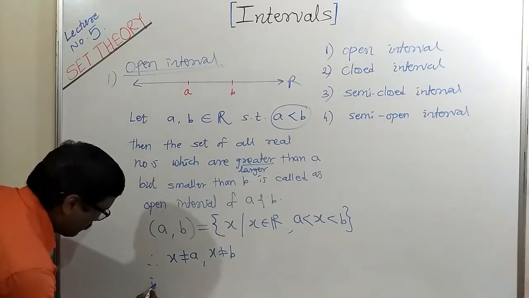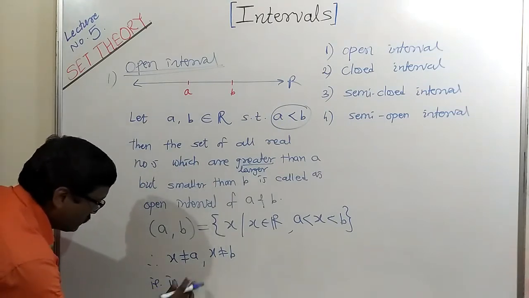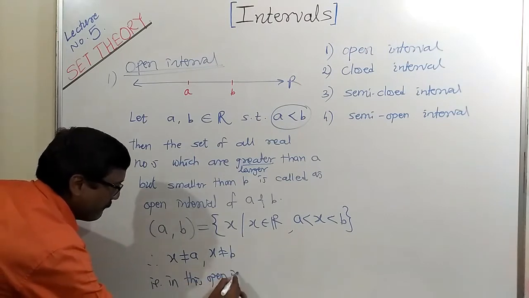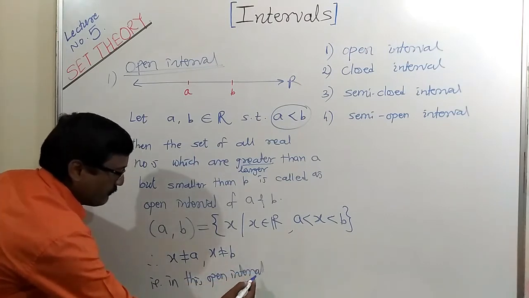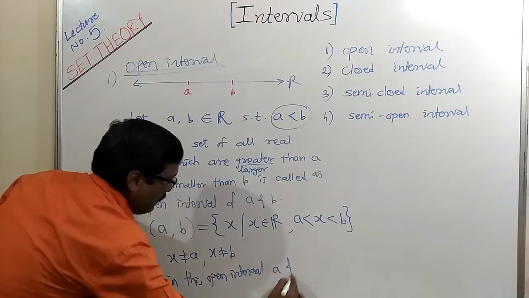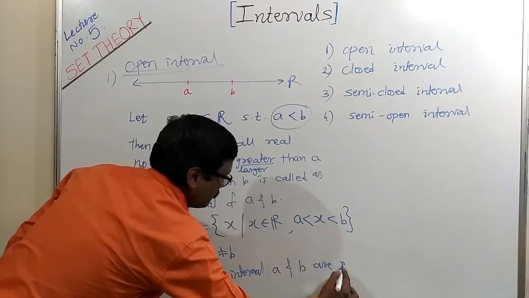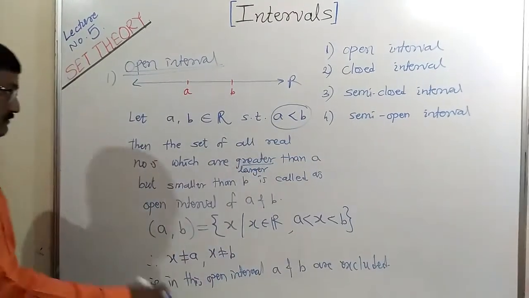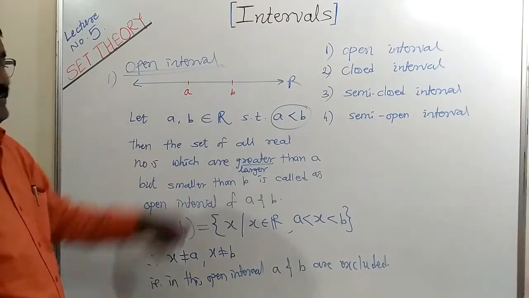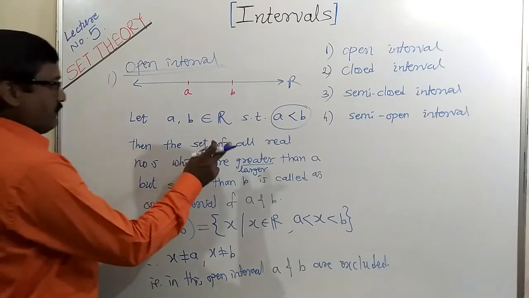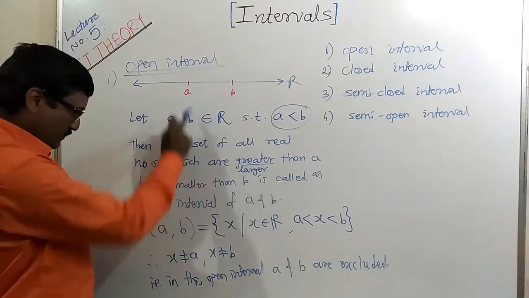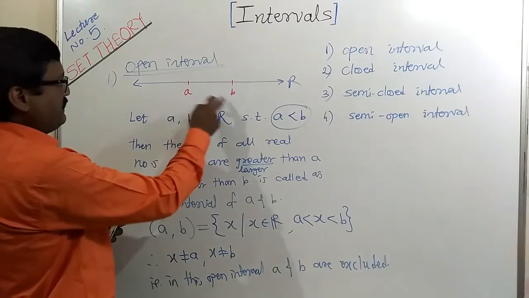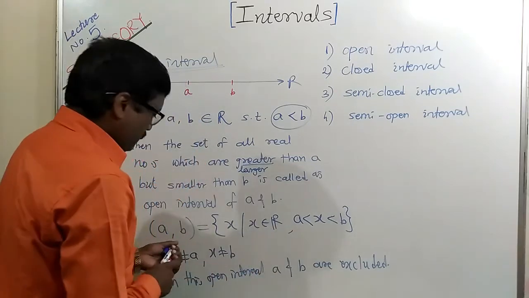That is, in this open interval A and B are excluded. These A and B are not included in this. Means the value of x is not equal to A and x is not equal to B. So x is between A and B, and that is represented in this way.